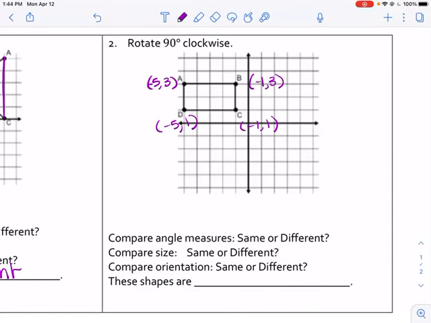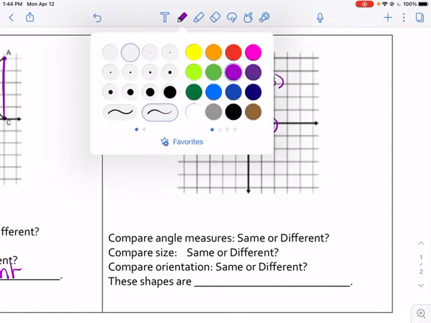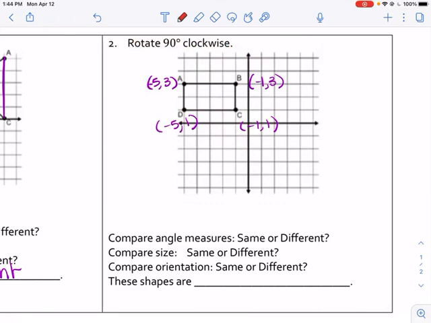So I know that my coordinates are going to swap because this is 90 degrees. If it's 180, then they're not going to swap. So we're just going to put these here, and then we're going to swap them. And then we're going to figure out if we should change the x or the y.